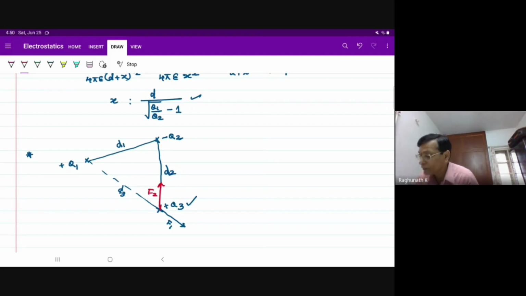The magnitudes of the sides are given, so you can compute the angle between these two forces, theta, and then determine the resultant of these forces using the parallelogram law of vectors.